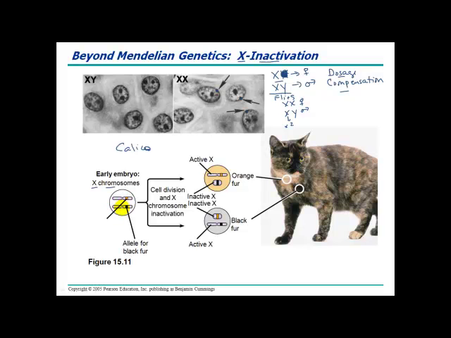Early in development, in every cell of the cat's body, if this is a female cat, one of those X's or the other is going to be compacted, condensed, inactivated, and you're only going to see expression of the other allele. So in all of the daughter cells that are produced by this cell's lineage, we're going to end up with a cat with areas of the coat that have orange fur, and in all of the descendants of this cell, we're going to see that black fur being formed.